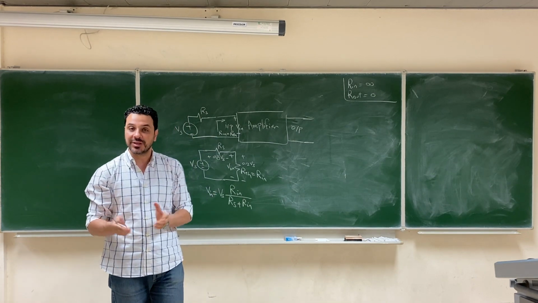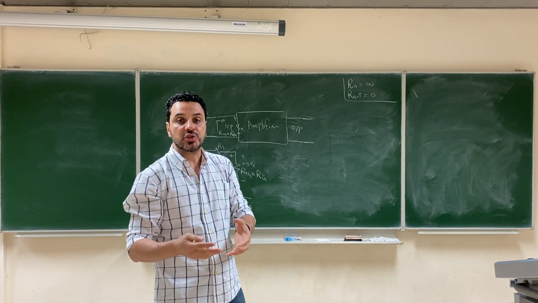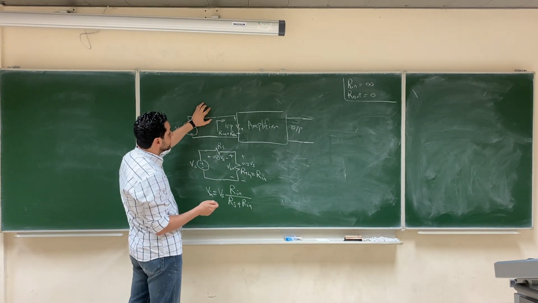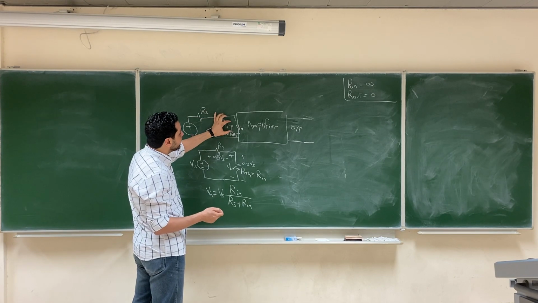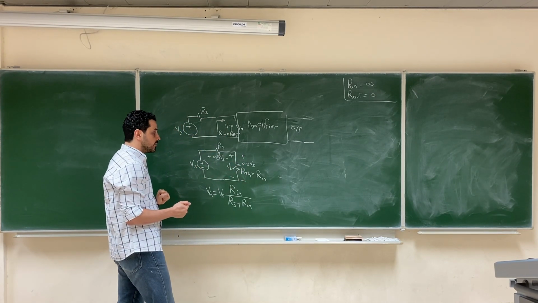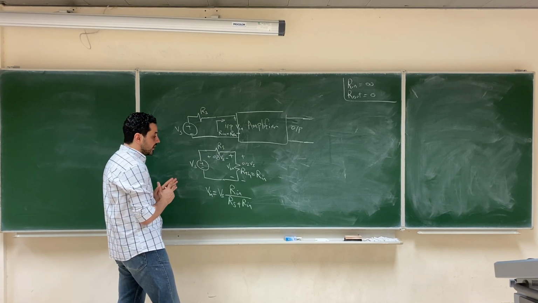Of course, this is not efficient, because you want to amplify your source voltage. It doesn't make sense that you waste a big part of it on the internal resistance, and the only part that will be amplified is 0.2 Vs.